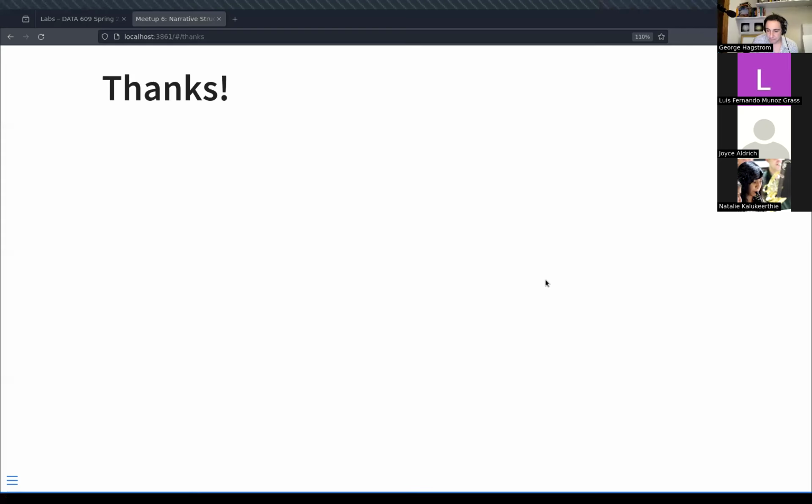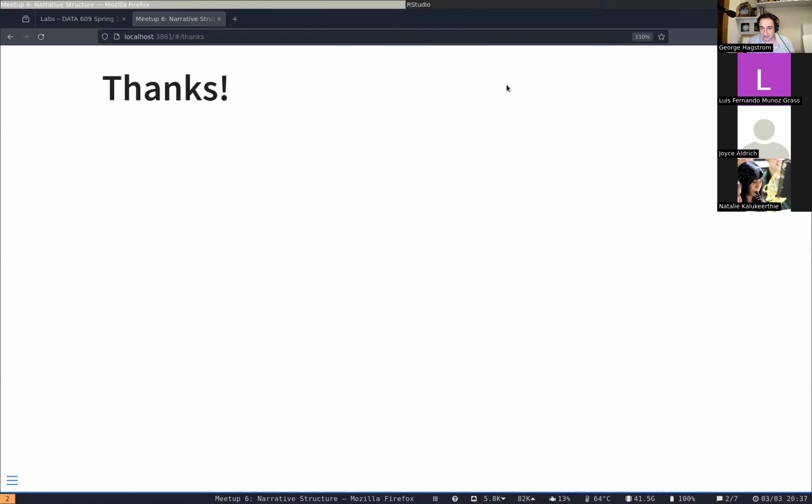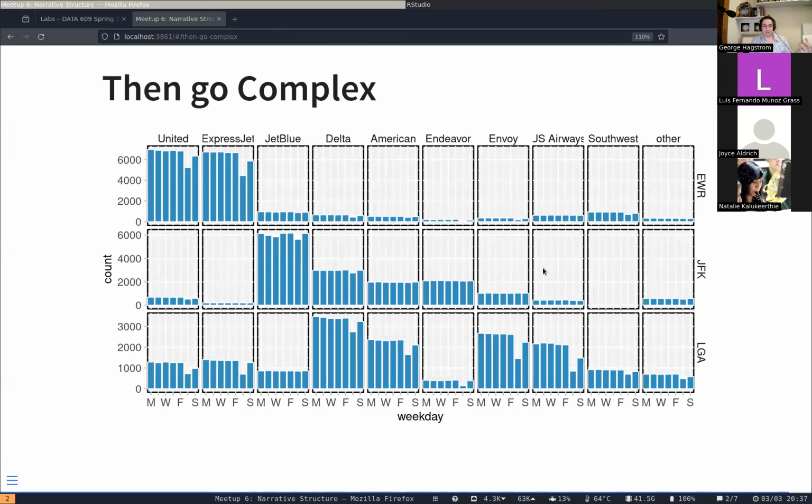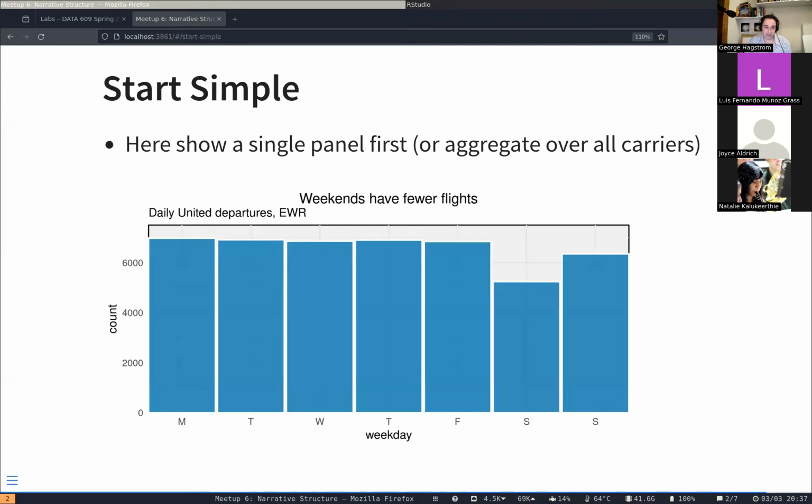So in this case, we have a bunch of facets, and on each facet there's a certain pattern that's going to be repeated, and each individual airline is going to have a different pattern. It makes sense to show a single facet so people can familiarize themselves with a pattern. So in this case it's very natural.